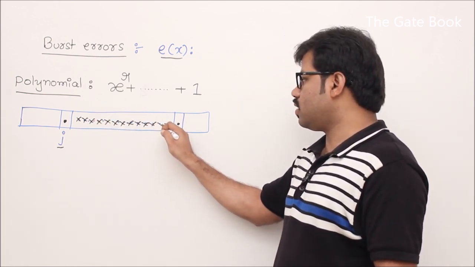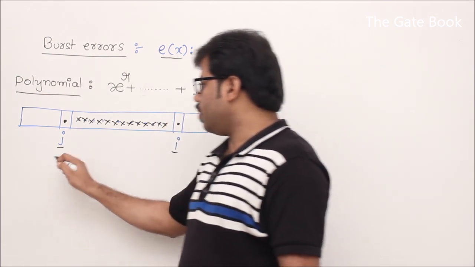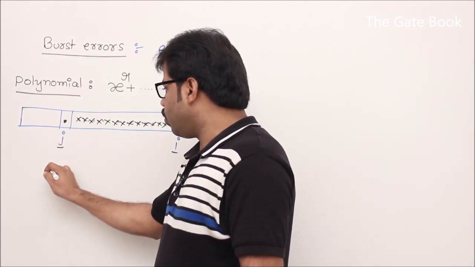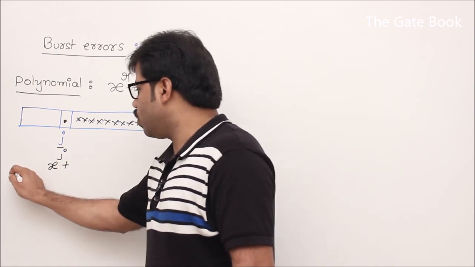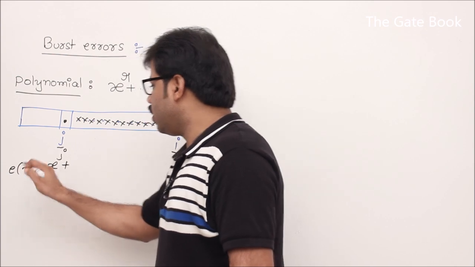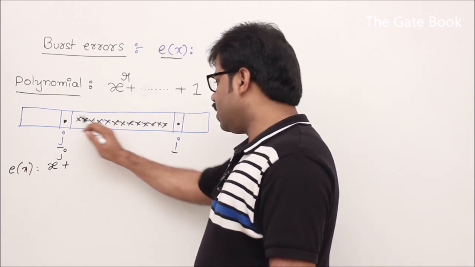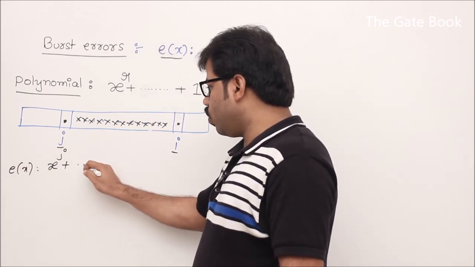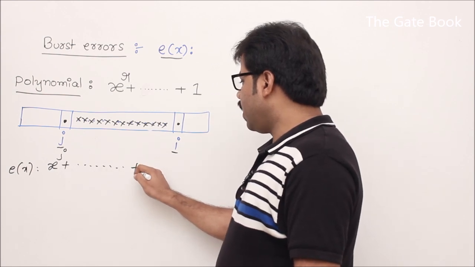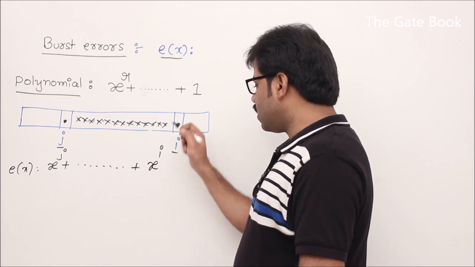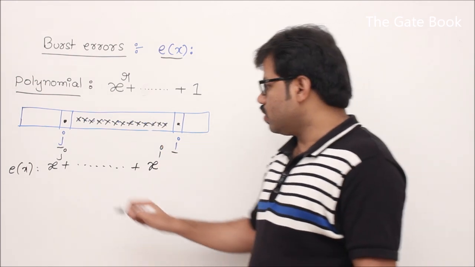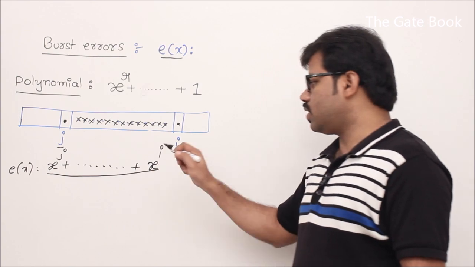Now if you see the error term, since this is going to be corrupted, you get x power j in the error, e of x looks like this. Plus the remaining things can be anything, I don't know the exact structure, plus this last bit will definitely be present in the error term because that is also corrupted. So this is the structure of a burst error.